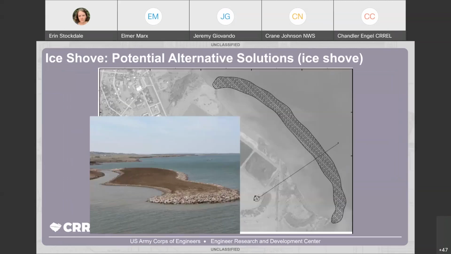What we've done is, if you have room, you can create these small islands where the ice will ride up, and that ice will fail in a bending fashion, and therefore won't actually cause a significant shove on the shoreline, leading to substantial erosion. So this is just an example from the Missouri River, which I've shown you a few of the calculation slides from.